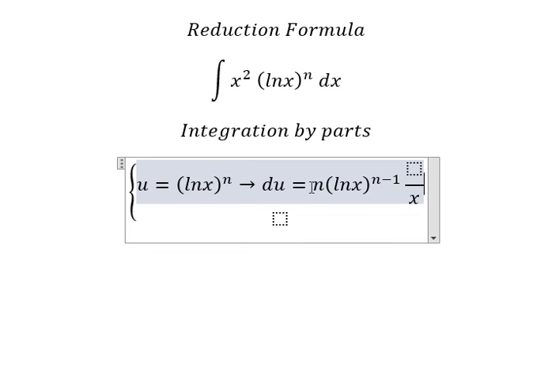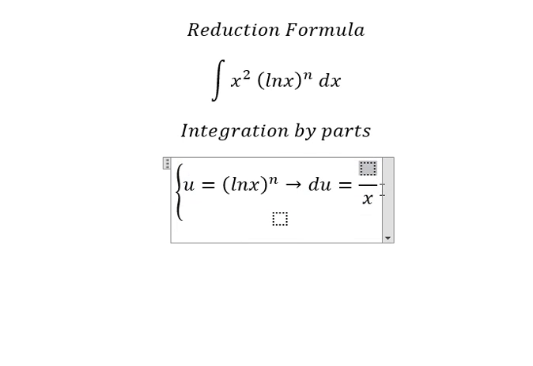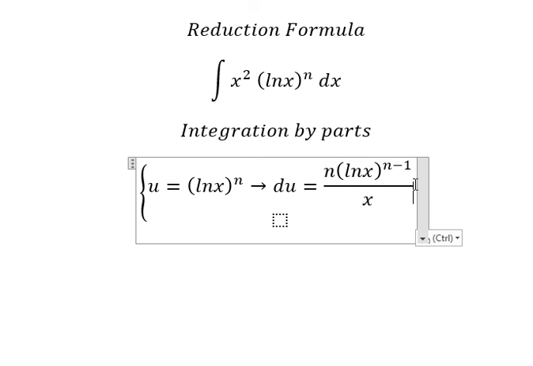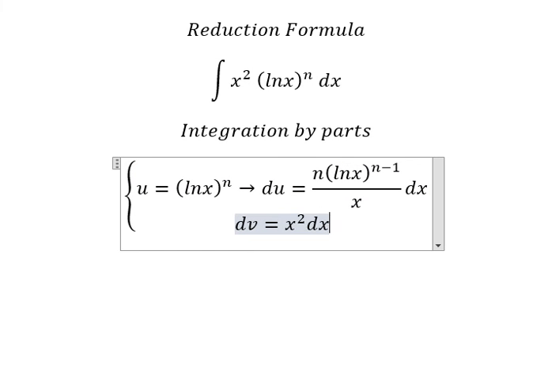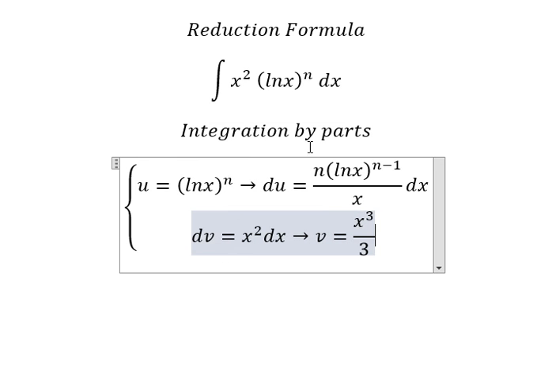So I will put it like this: dv is s squared ds. The integration of this one gives s to the power of 3 over 3.